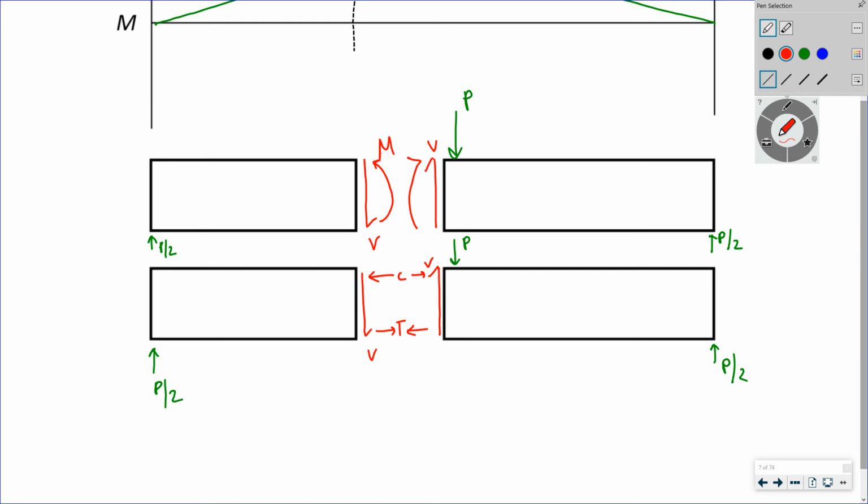We talked about how that moment is distributed into compression and tension about the centroid of the cross section.